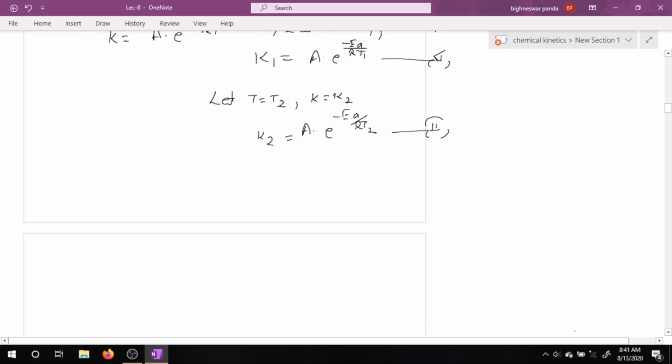By dividing k2 by k1, we get A e^(-Ea/RT2) divided by A e^(-Ea/RT1).